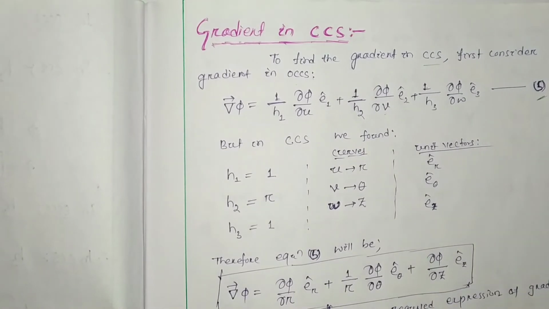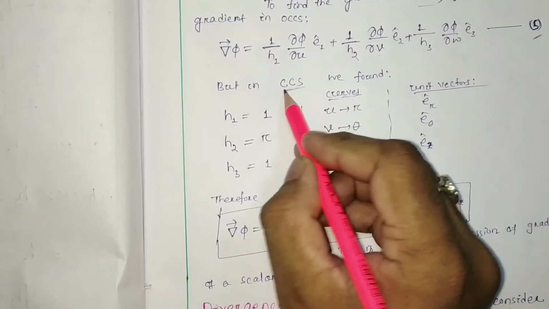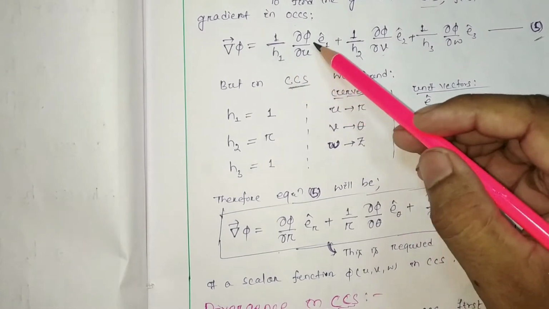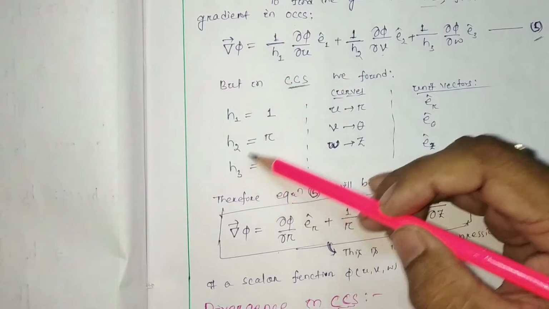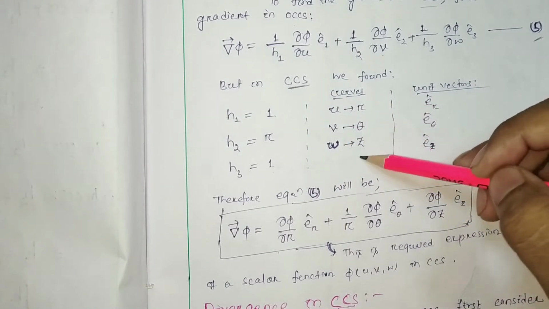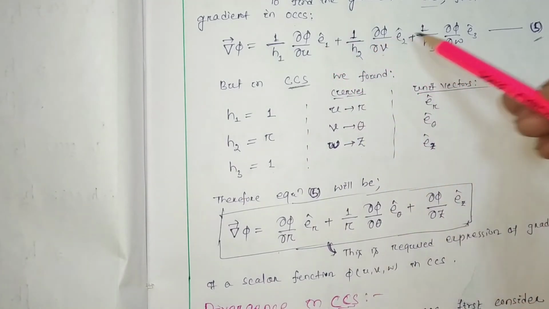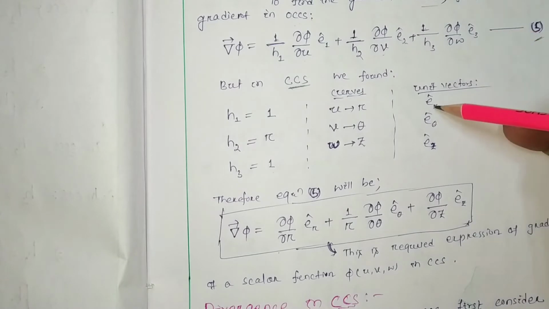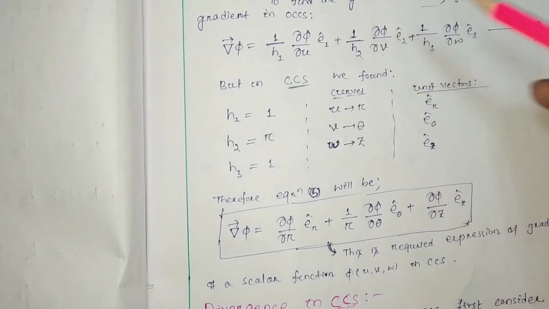So in case of CCS, the cylindrical coordinate system, we have to put h1, h2, h3 as 1, r, 1, and u, v, w are r, theta, z, and the corresponding e1 cap, e2 cap, e3 cap are er cap, e theta cap, ez cap. Just substitute over here in equation number 5.